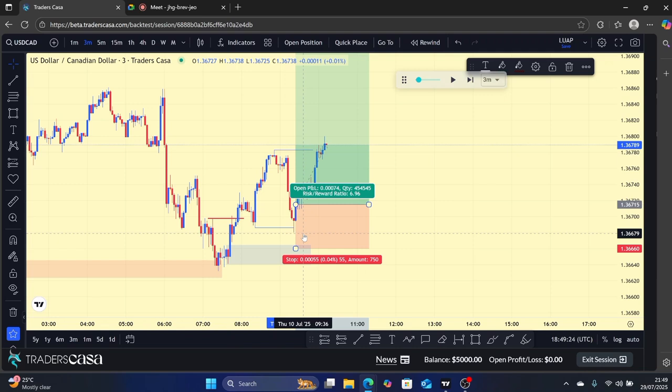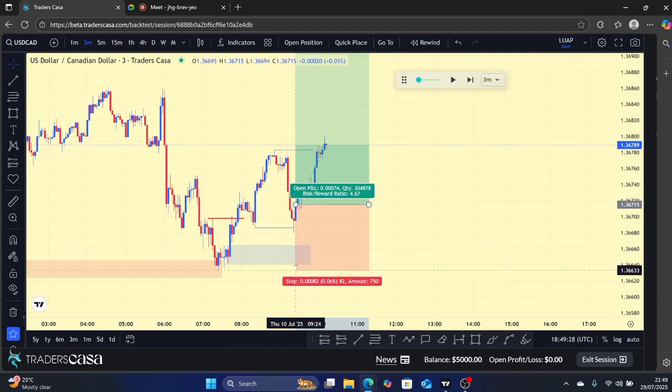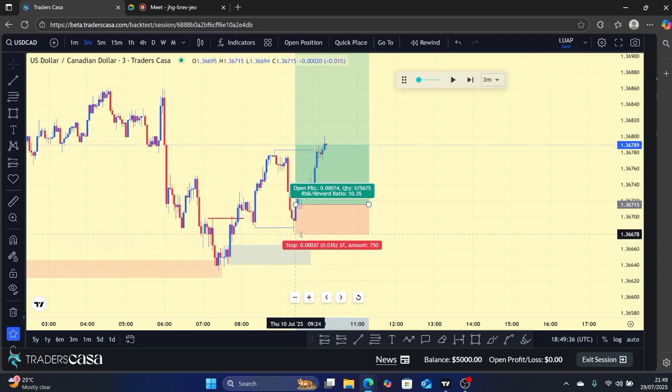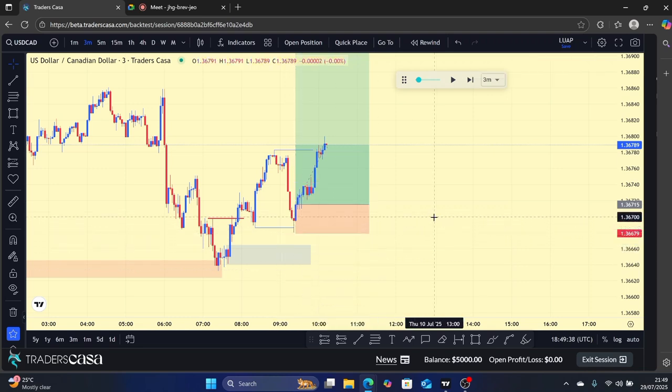That's the reason why placing the stop loss somewhere like there or here will be recommended. But sometimes price can create a major inducement even after that. So it's upon you to choose which way you will be doing it, because if you place your sell here, of course your risk to reward will be small. So it's upon your decision.